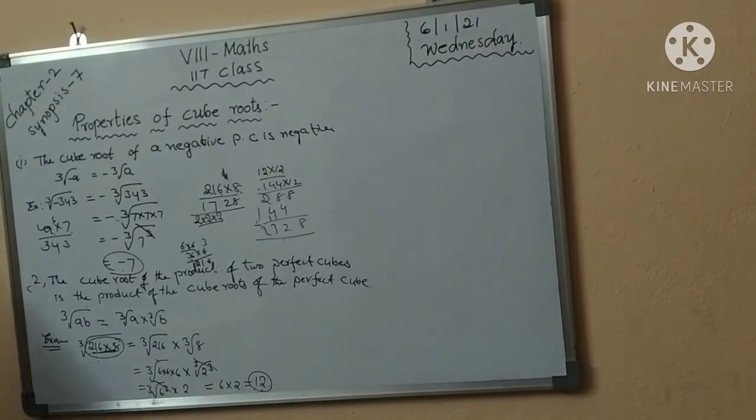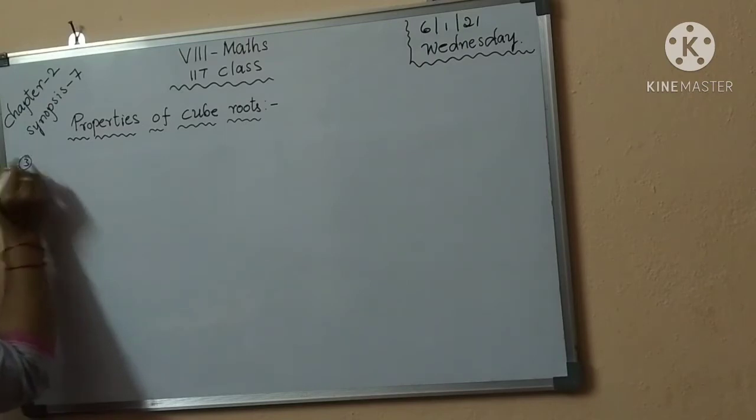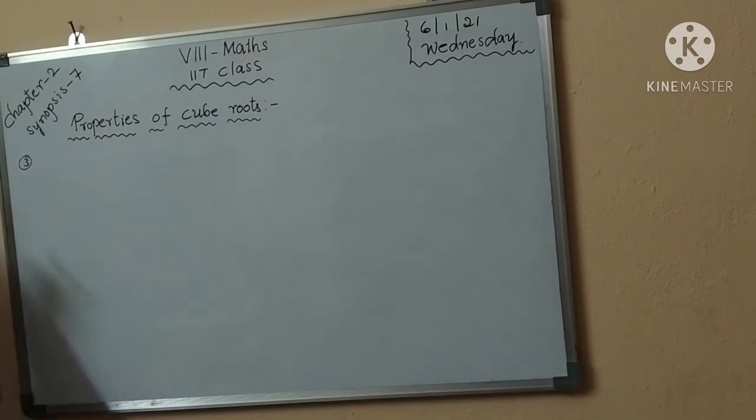Next, the third one. Properties of cube roots, the third concept. Two concepts are completed; this is the third one.